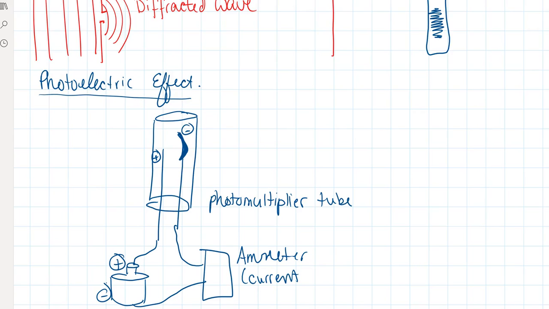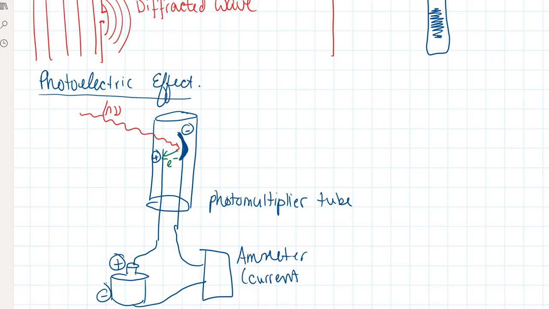This was an interesting phenomenon, because with this photoelectric effect, whenever they shined light on this negative piece of metal, electrons were liberated to the positive electrode.